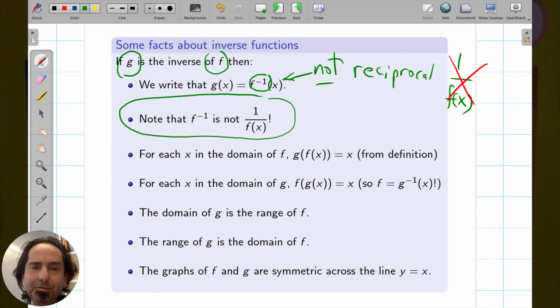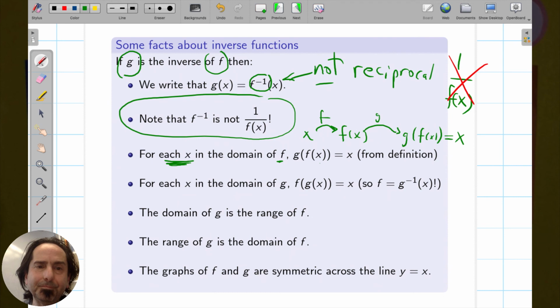And what this means is that you take any x in the domain of f, plug it into the f function, and then plug that into the g function, with g of f of x. You have to get back x. And it's also true that you could switch the functions.